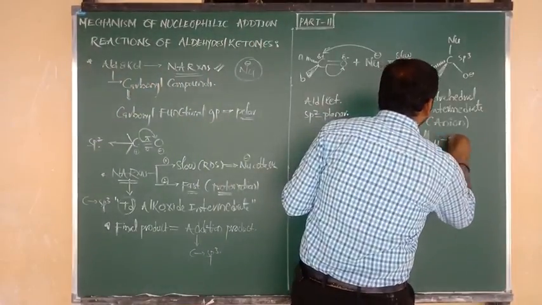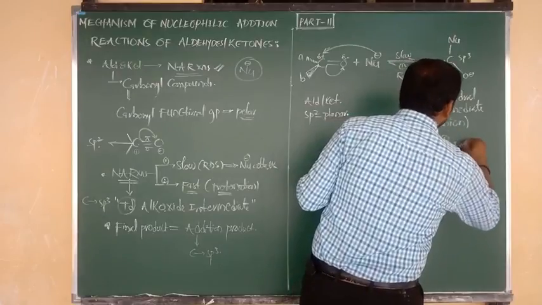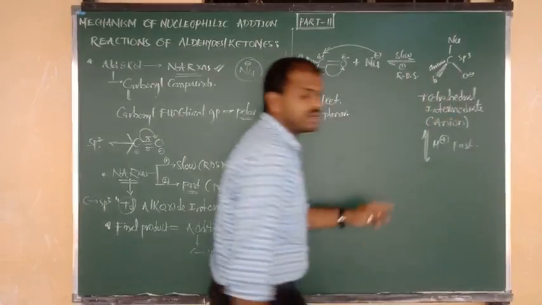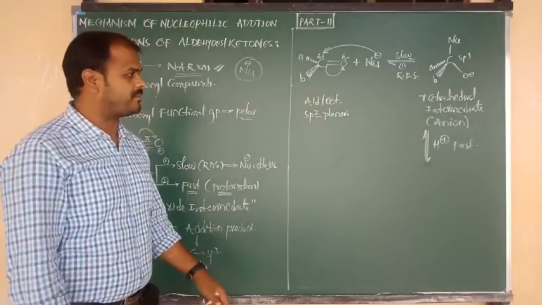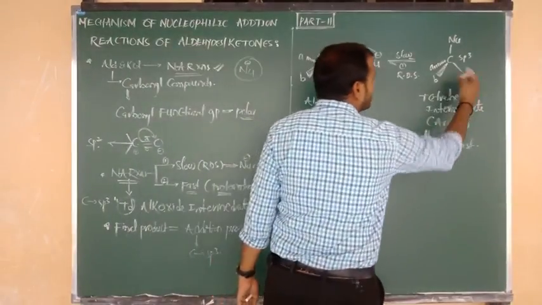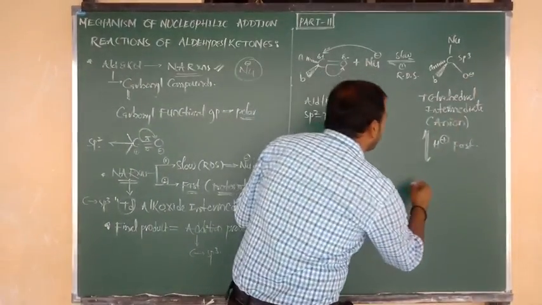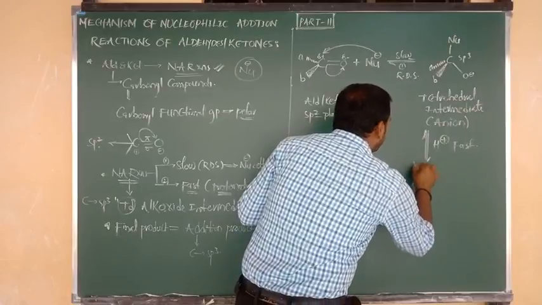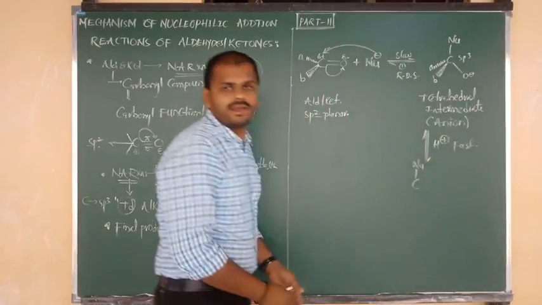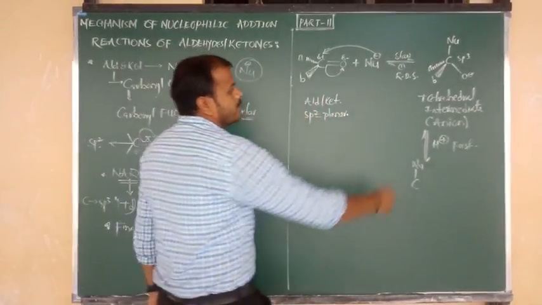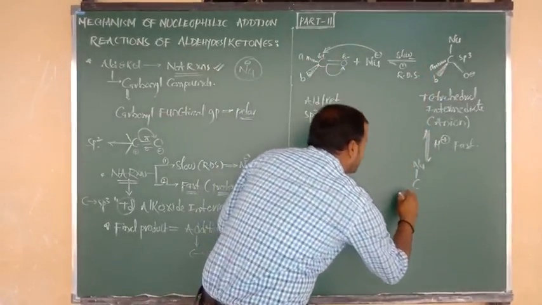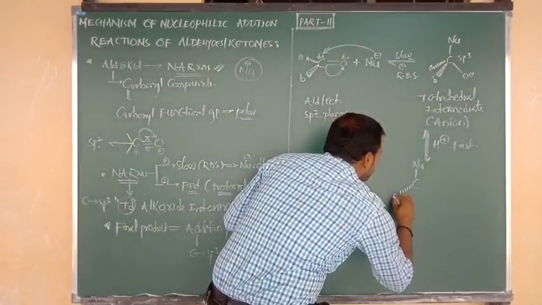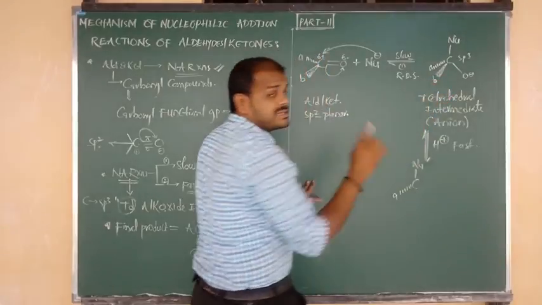So here we write H plus. H plus attacks upon O minus. So what will be the final product? Again the central C, above the plane I write the nucleophile, a dashed wedge connected to A, and next a solid wedge connected to B.